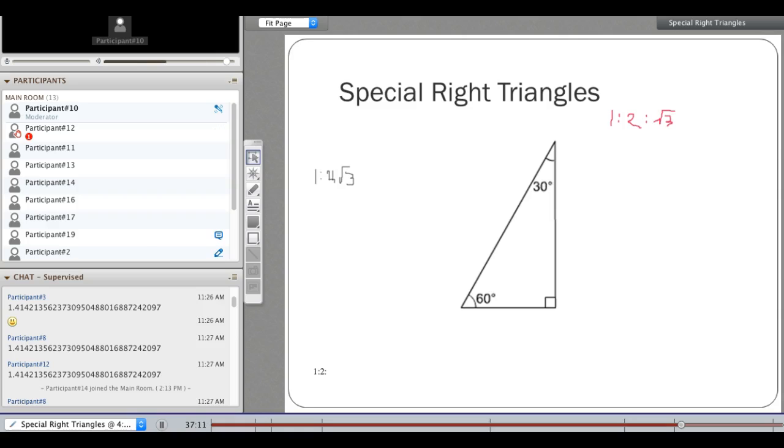Yep, 1, 2, square root of 3. Perfect. You guys got it on the board. Nice. Okay, and if you guys are writing on the whiteboard, label underneath there what angles those are going to go across from. So what angle does the 1 go across from? What angle does the 2 go across from?